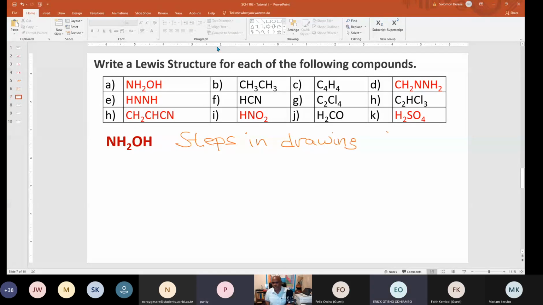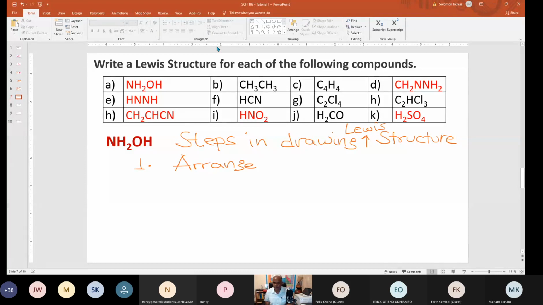Yes, it is visible. So steps in drawing Lewis structure, okay? So the first step, number 1, it says arrange the atoms.